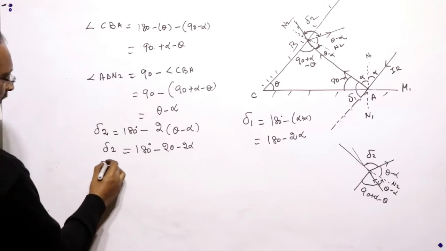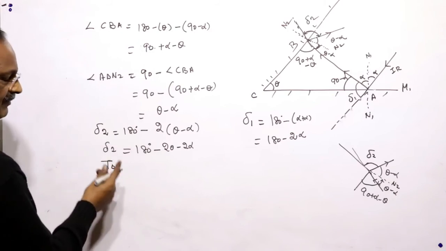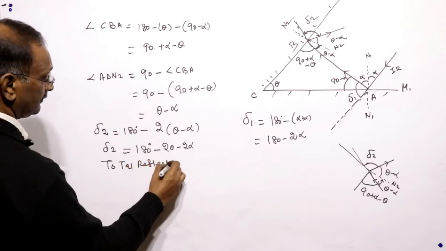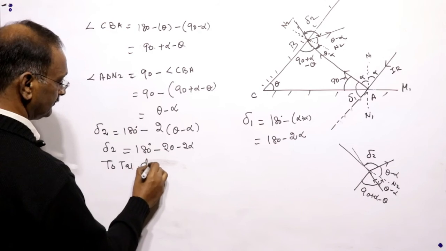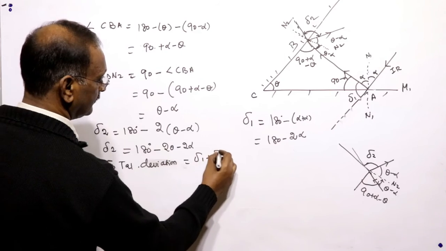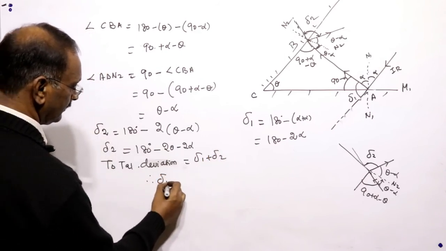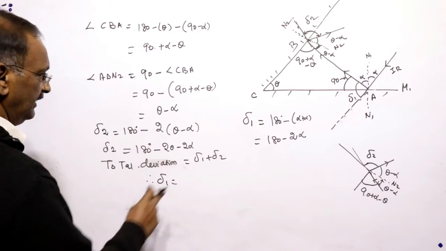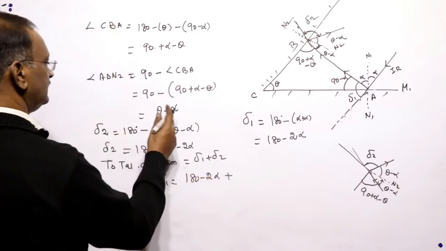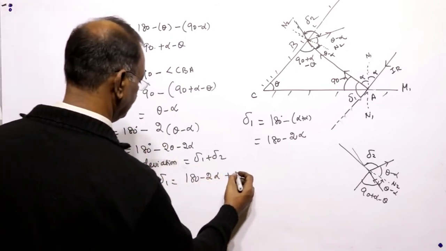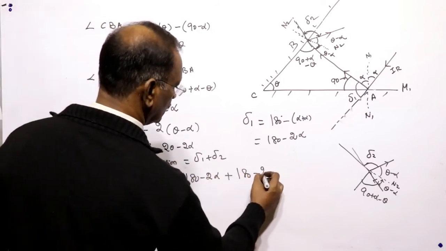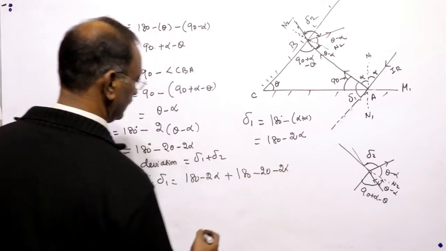The total deviation produced after reflection from M1 and M2 is, therefore, deviation 1 equal to 180 minus 2 alpha, plus deviation 2, which is 180 minus 2 theta plus 2 alpha.